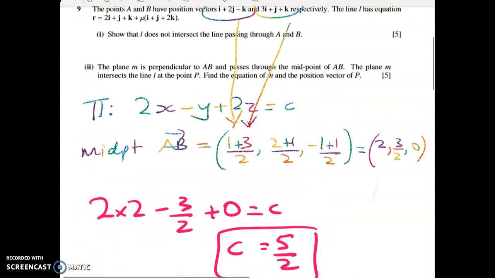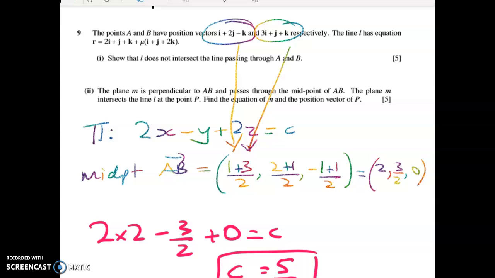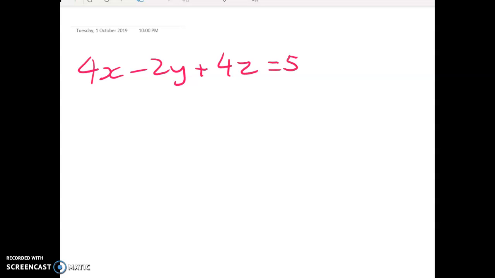Now what do we have to do with it? Right, well the plane intersects the line L, which is coming from up here, at point P. Find the equation of the plane. Yep, we've done that, and now we have to find the position vector of P. Right, so we've got 4x minus 2y plus 4z is equal to 5.